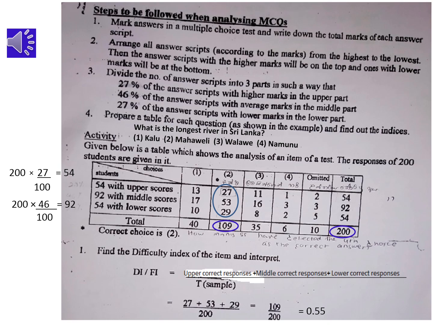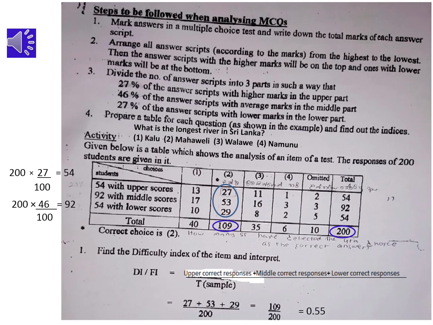So 27 plus middle correct responses. Go to the middle row. 17, 53, 16, 33 like that. Then what's the correct response there? 53. Then plus lower correct responses. In the weak students, 29 of them have selected Mahavali as the correct answer. Then what's the total?